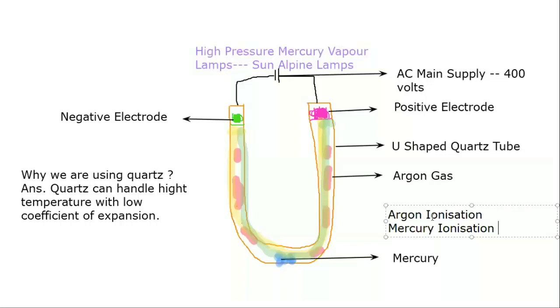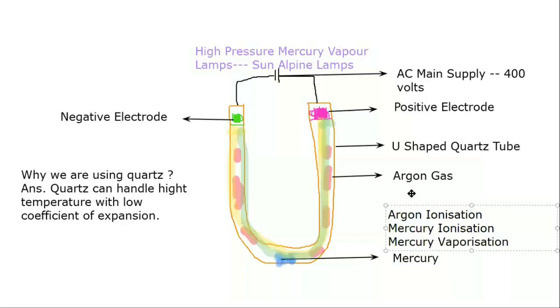This procedure will cause a flow of discharge, which is known as UVR. Also sufficient heat is produced, so mercury will vaporize. So this is known as mercury vaporization.